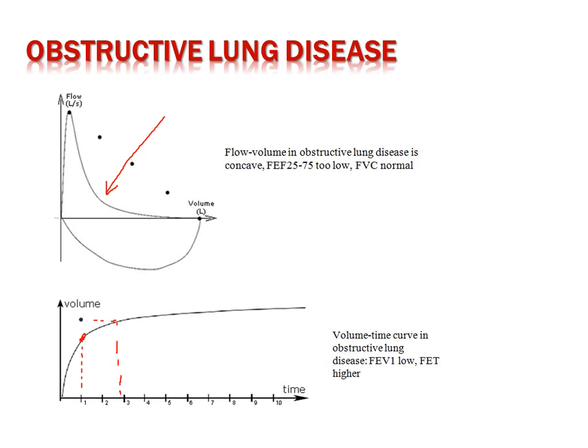The limb of the expiration is concave, where I point the arrow, and because of this concavity, definitely the forced expiratory flow between 25% and 75%, the mean, will be much lower. And in obstructive lung disease, usually the forced vital capacity remains normal. That's what happens in asthmatics.